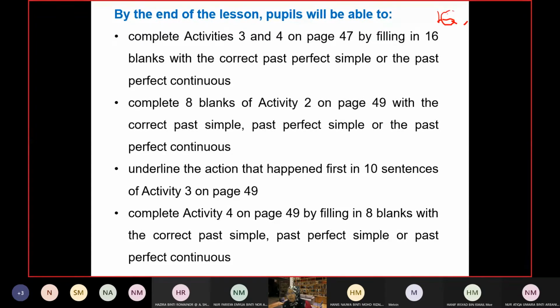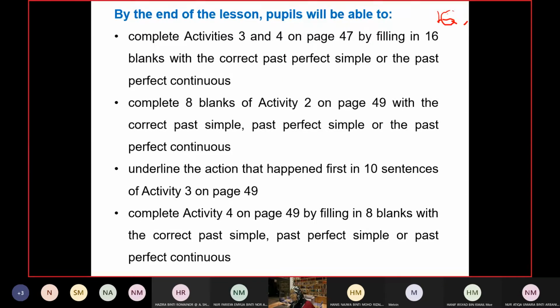Alright, next purpose, you are using past perfect simple for an action that happened before another action in the past. Maksudnya, dalam satu ayat tu ada dua perbuatan. So, perbuatan pertama yang berlaku, yang terlebih dahulu terjadi, you use past perfect simple.